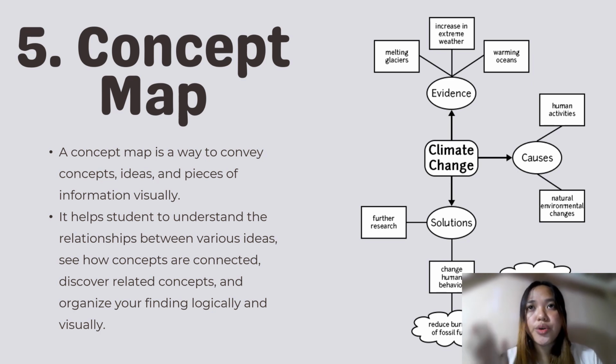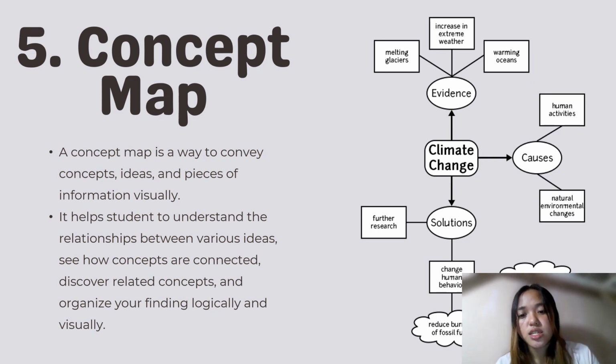So what are your different ideas, or what comes to your mind when we are talking about climate change? That is how we use a concept map. We map our ideas about climate change. For example, the evidence, causes, solutions, and then what are the evidences in climate change? So we have different branches there, and then causes, then solutions.